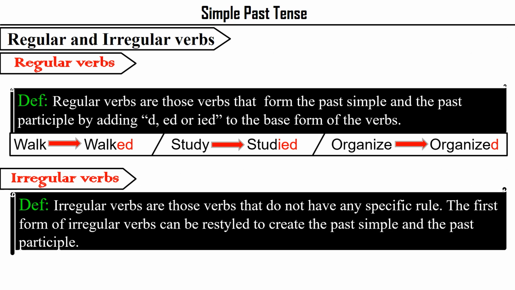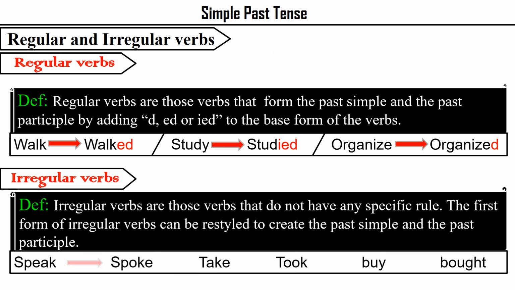We just restyle the form or the shape of the verb. Speak becomes spoke. The spelling is different. Speak, S-P-E-A-K, S-P-O-K-E. Speak becomes spoke. Take becomes took. Buy becomes bought.